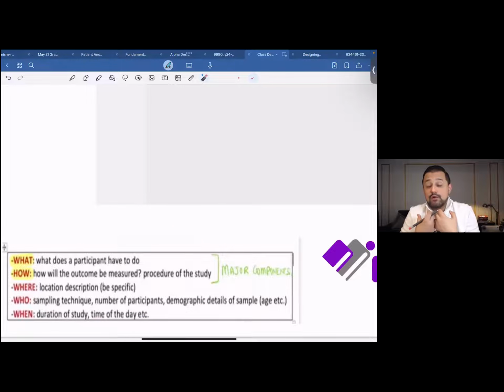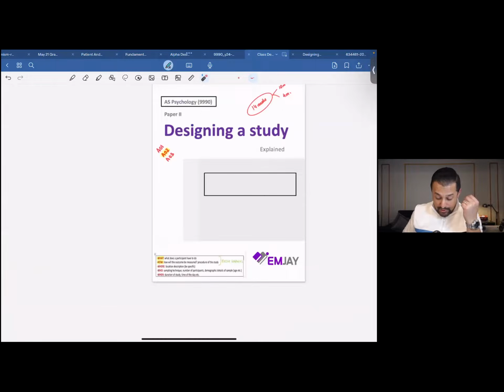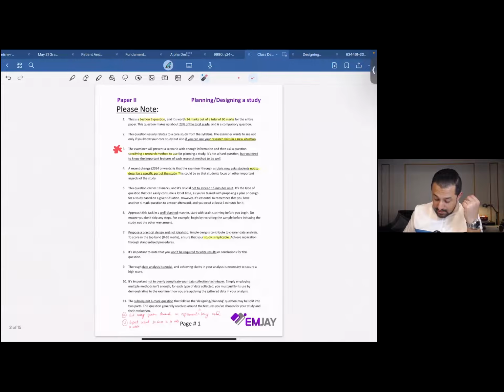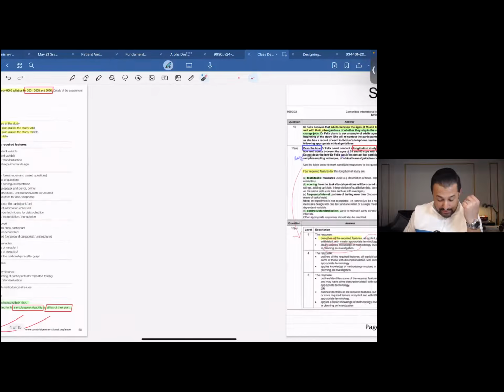If you have a look at what we've just discussed, it was somewhat revolving around this only. But gone are the days when the examiner would specifically mention that they are looking for what, who, where, when, and how. So let's focus on what the examiner has been demanding now.